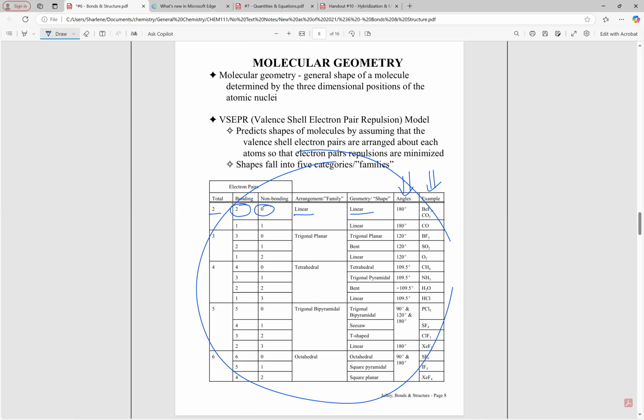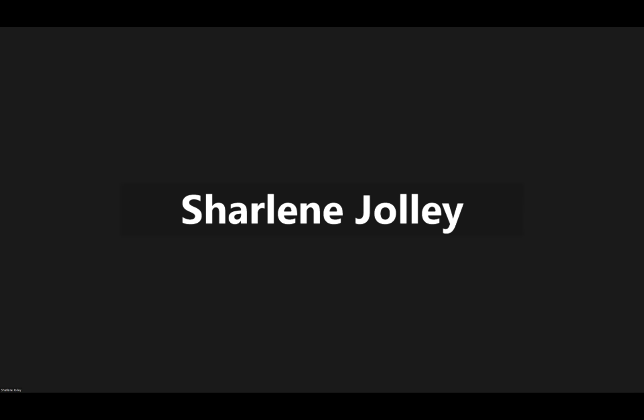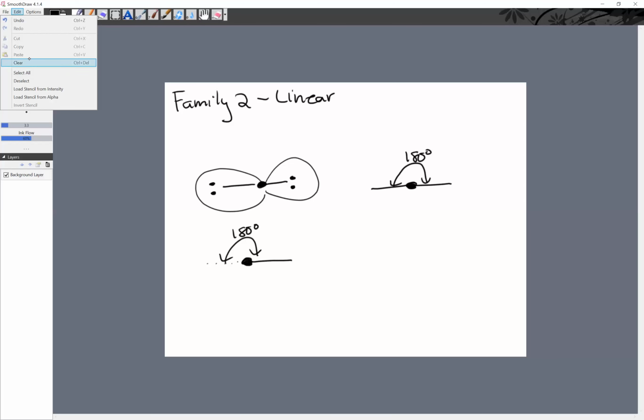So I'm going to go back to the whiteboard. All right, so what are our options in family 2? So in family 2, we have 2 different things. The first one is if they're both bonds, the angles come from bonds. And so that's 180 degrees, like we talked about.